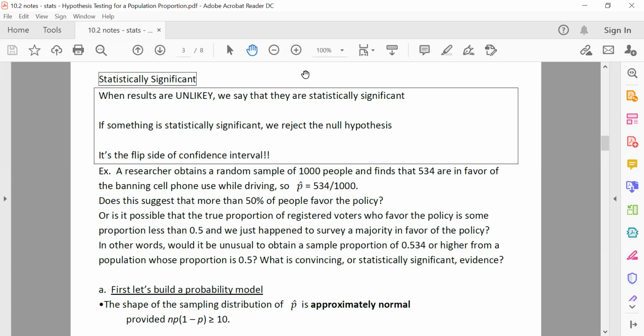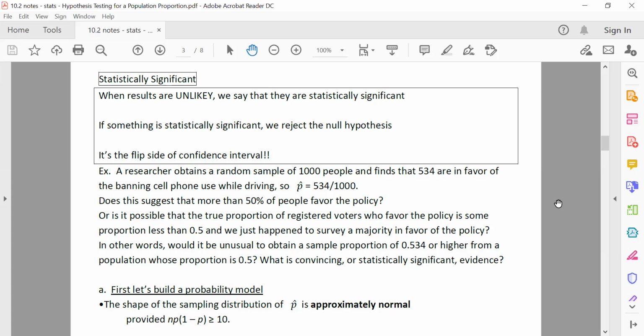There's a couple things you can do. Maybe they're not super interesting. But we don't come out and say, oh, this is definitely the case, this is 100% the case that the null hypothesis is false.